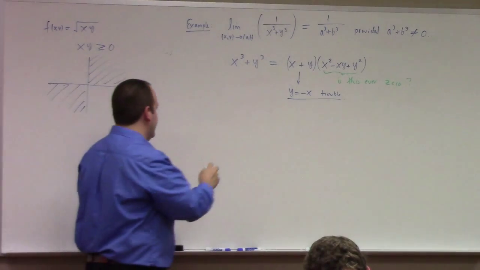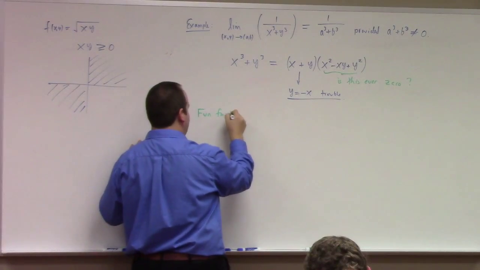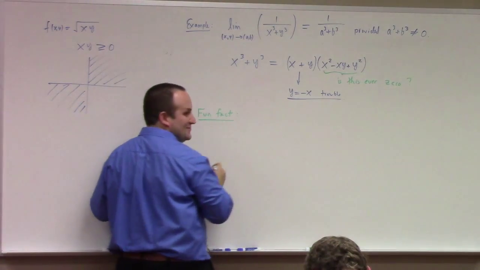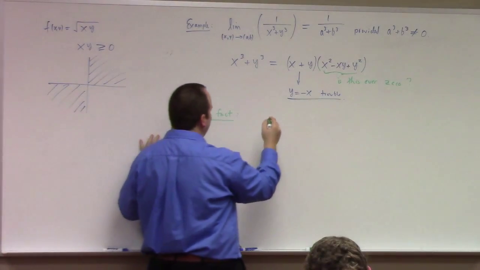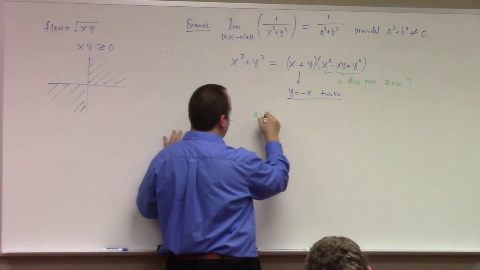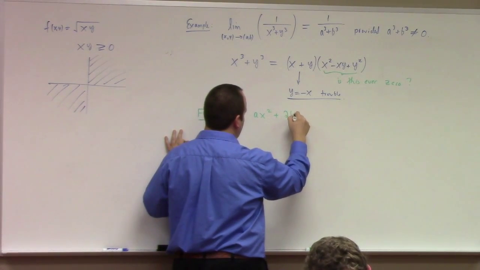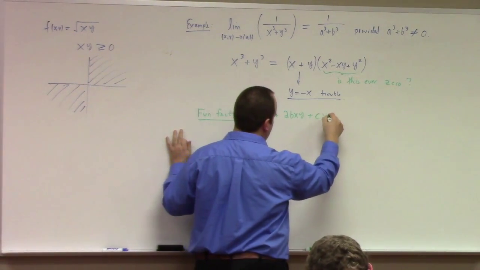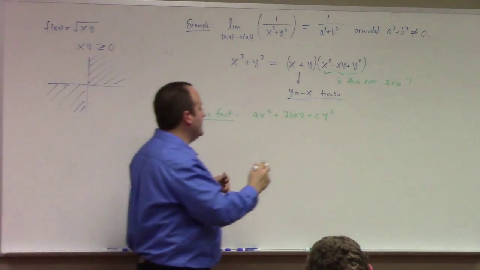So I'm going to share with you a fun fact of linear algebra. Fun facts are those ones which we don't have to prove, which you will accept because they are truths from the great beyond. So here's a fun fact. If you have ax squared plus 2bxy plus cy squared, let's call this thing q of x, y.